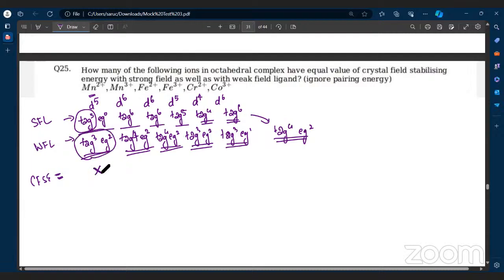For example, we'll do the calculation for t2g5 and t2g3 eg2. Write the formula and do the calculation.